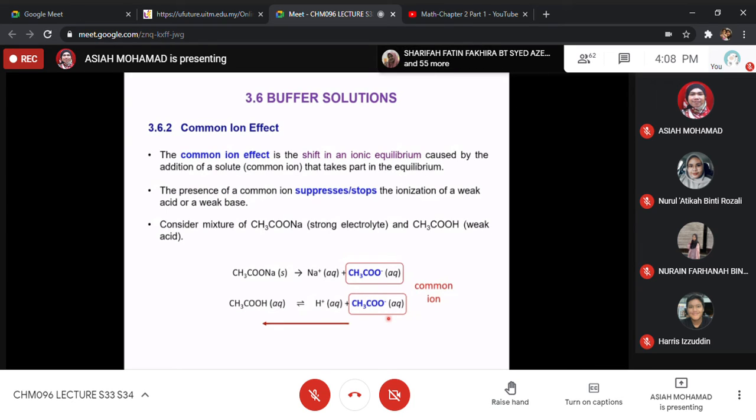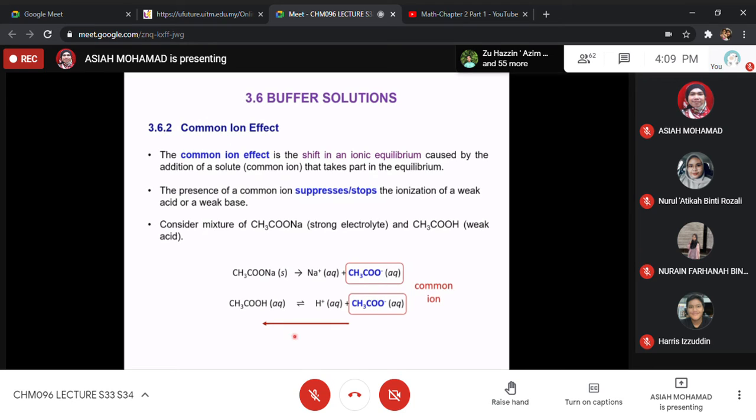According to Le Chatelier's principle, the addition of acetate ions from sodium acetate to a solution of acetic acid will suppress the ionization of acetic acid, that is, shift the equilibrium from right to left, thereby decreasing the hydrogen ion concentration. Thus, a solution containing both acetic acid and sodium acetate will be less acidic than a solution containing only acetic acid at the same concentration.